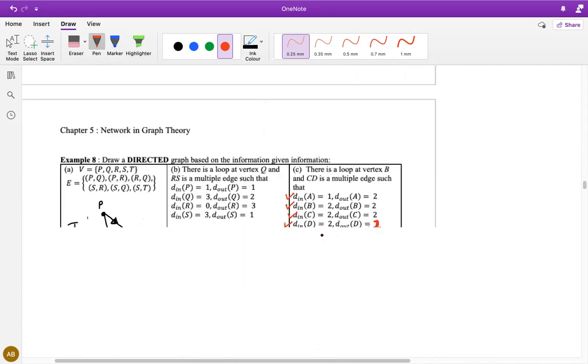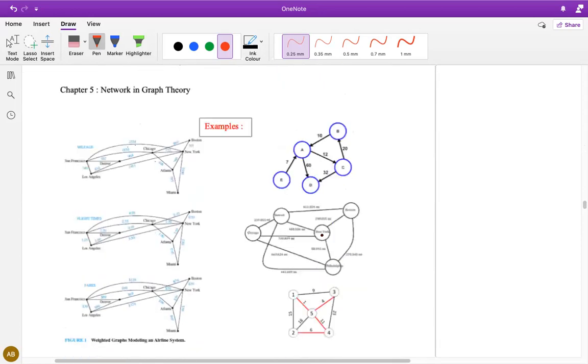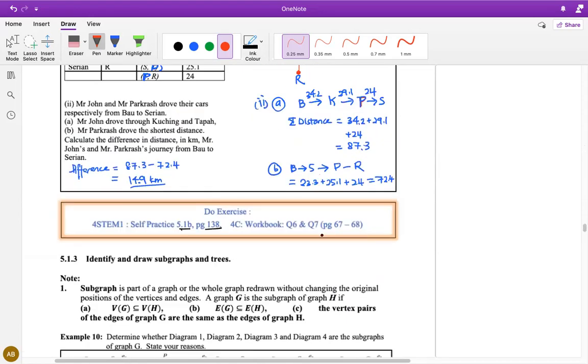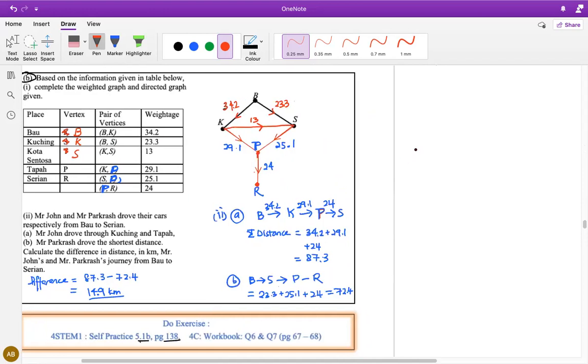So my comment is that when you draw a network graph, let's say you have vertices and edges. Let's say here A, B, C, and D. You found out that AD is an edge also, so A is connected to D. So you draw like that.